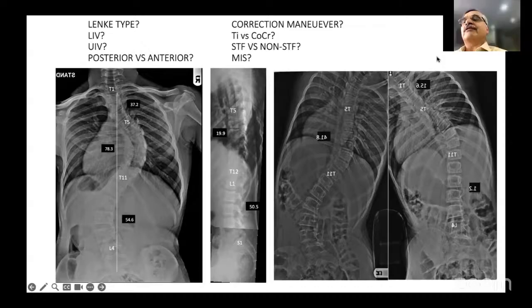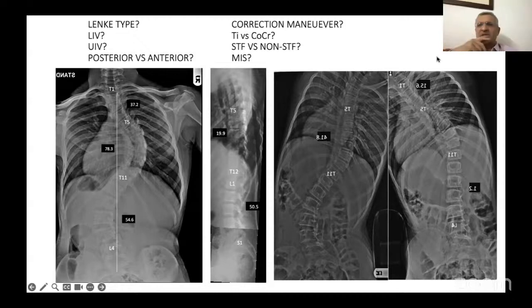So you may go to L3. I would agree with Amit in the sense that when the patient is anesthetized, you position prone, and when you take a C-arm pitch shot, you find that L3 is in line with the lumbar lower level, then it could be a good one to choose.